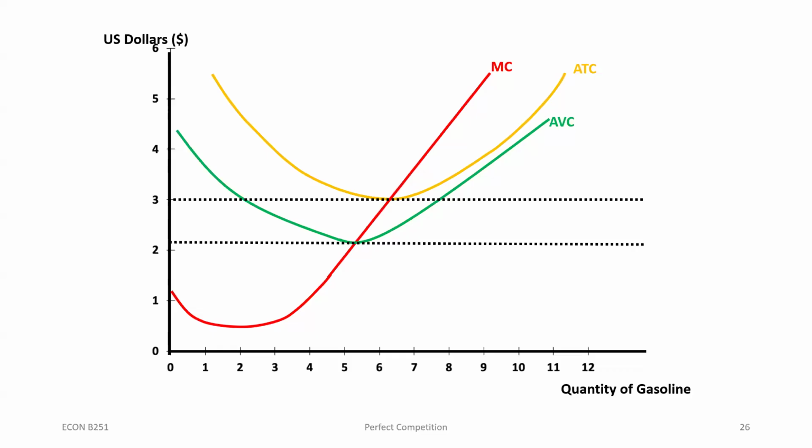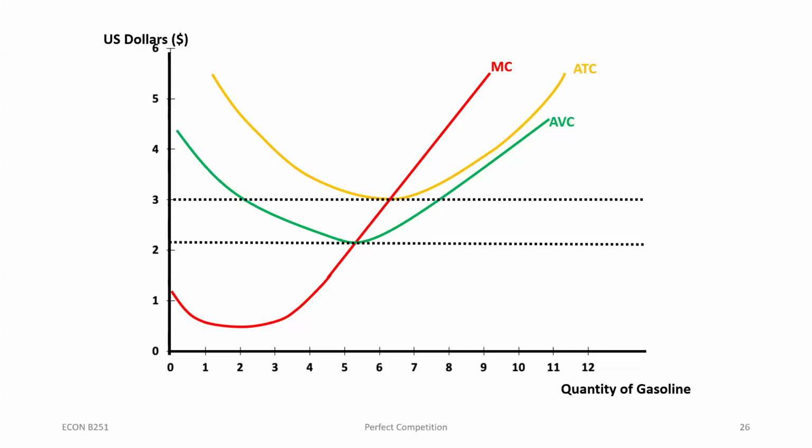If price is below average total cost, what's going to be true about profits? My profits are negative, right? But if price is above my average variable cost, we said we should choose to stay open. So we have these three different ranges.